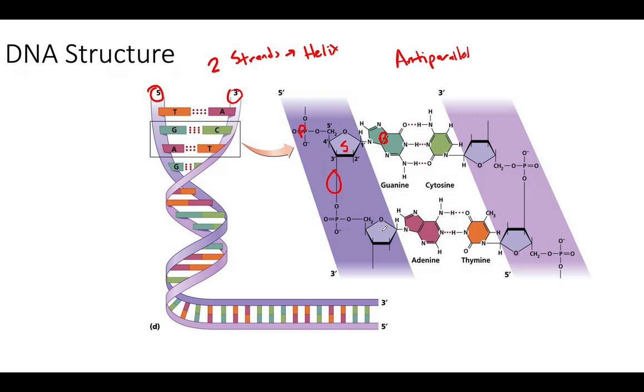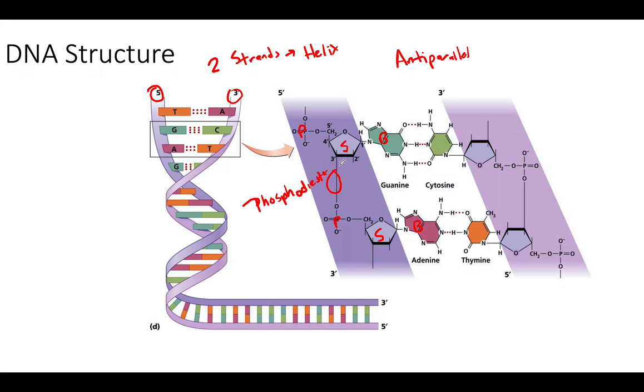And if you look here, here's a sugar, here's a base, and here's a phosphate. And so that's a second nucleotide, but they have been linked together with that bond that I mentioned before, which is called a phosphodiester bond. And so that's what's holding all of the nucleotides on this one chain together.